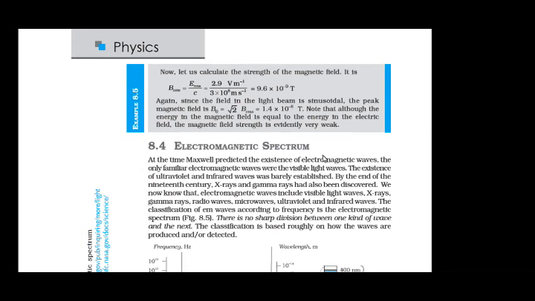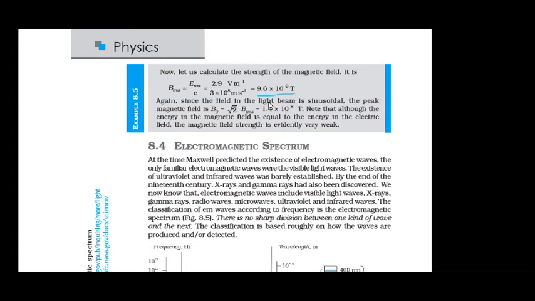Now let us calculate the strength of the magnetic field. So B RMS is equal to E RMS upon C. Put the value of E RMS, that is 2.9, which we just found, and the value of C, that is 3 into 10 to the 8 meter per second, and we get 9.6 into 10 to the minus 9 Tesla.